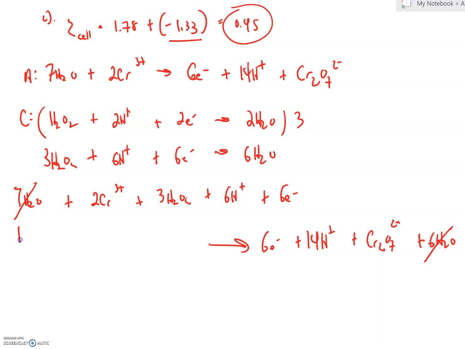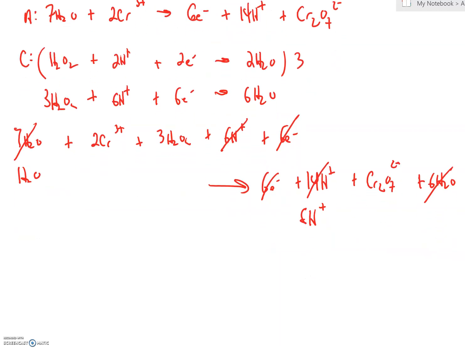That gets rid of our H2Os on both sides. We have 1 left here. Our electrons are gone. And 6 H pluses and 14 H pluses leave 8 H pluses over here. Okay? So the overall equation is going to look like this: H2O plus 2Cr3 plus plus 3H2O2 yields 8H plus plus Cr2O7 2 minus, and I believe that takes care of it.